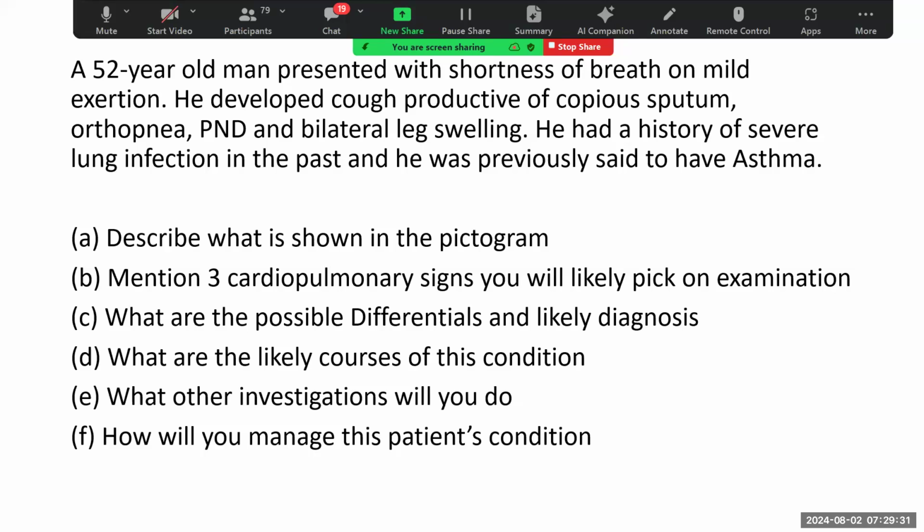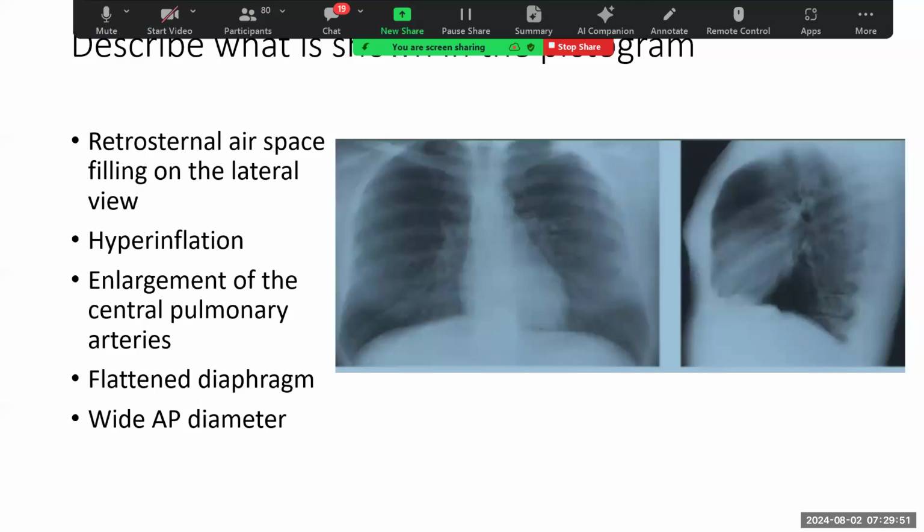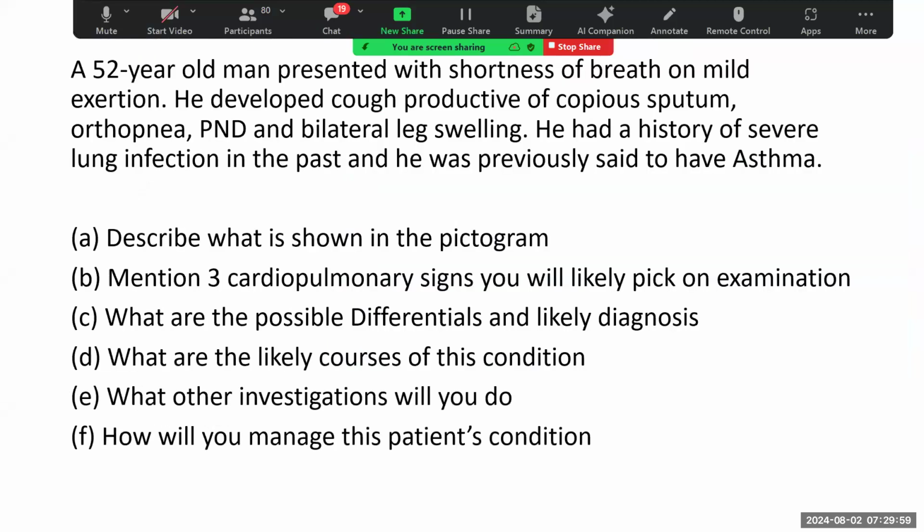The reason I'm saying this is because bronchiectasis doesn't really cause hyperinflated lungs, and neither does asthma. They didn't give us a picture of the patient having COPD, which may have been missed, and the chest radiograph is actually giving us a picture of a patient with COPD. So since they said the patient has asthma, could it be that the patient has asthma COPD overlap? Because asthma COPD overlap can cause bronchiectasis, which can present with copious sputum.